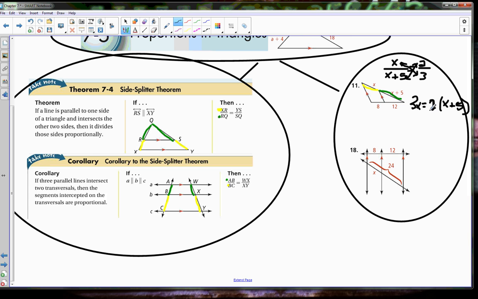So that's 3x. I'm going to distribute out the 2, so that's 2x plus 10. Subtract 2 x's from both sides. And I get x is equal to 10, done. And just for fun, x plus 5 would be 15.